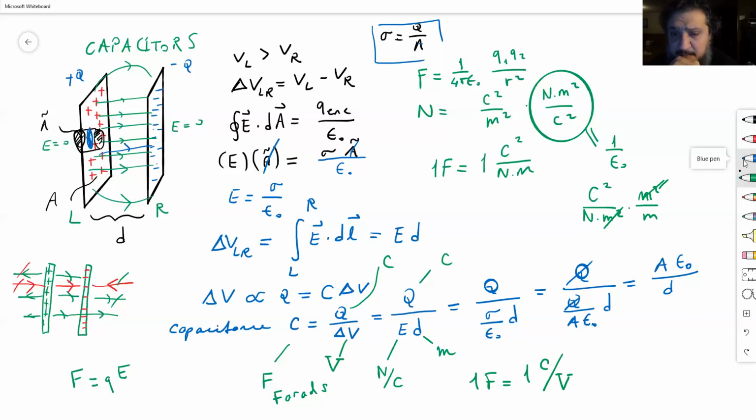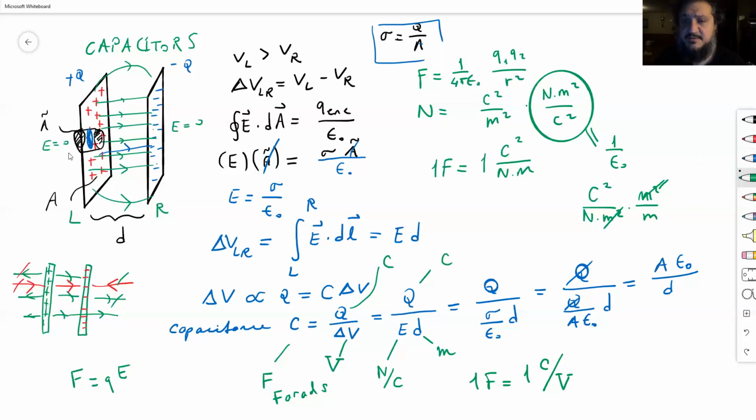And for a parallel plate capacitor, it is just equal to the surface area times epsilon 0 divided by D. So closer the plates, greater the capacitance. It can hold more charge. Greater the surface area, greater the amount of charge it can hold. Okay.